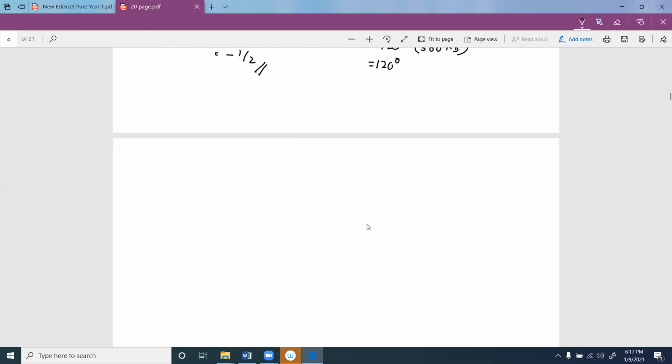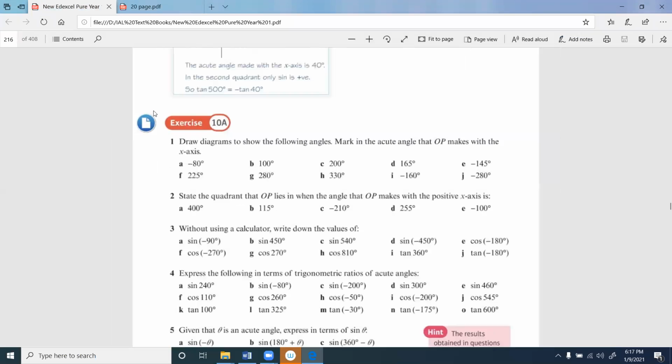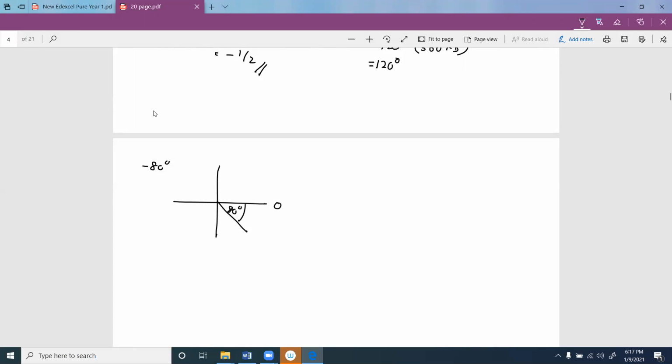They want you to draw it in a quadrant. So minus 80 means, in the quadrant diagram, this is 0, and minus 80 means toward this side. It has gone through an angle of 80 somewhere like this. That is what we mean by minus 80. Like that, any kind of angle, minus 160, we know it goes to the negative side.